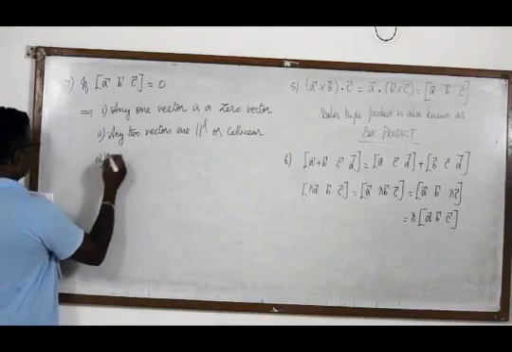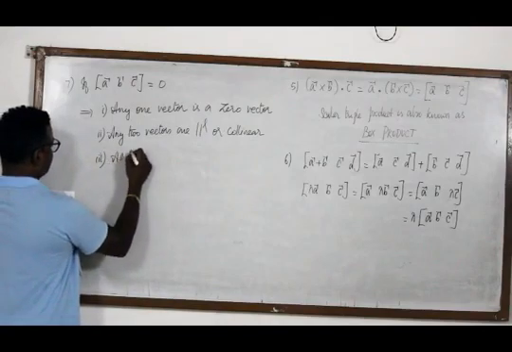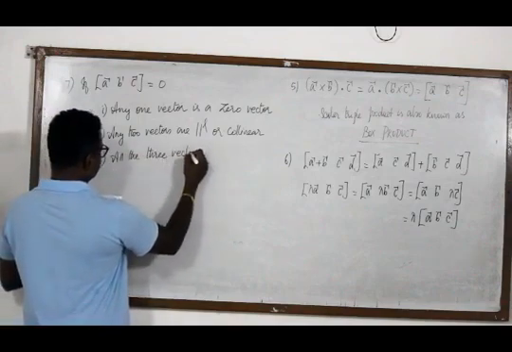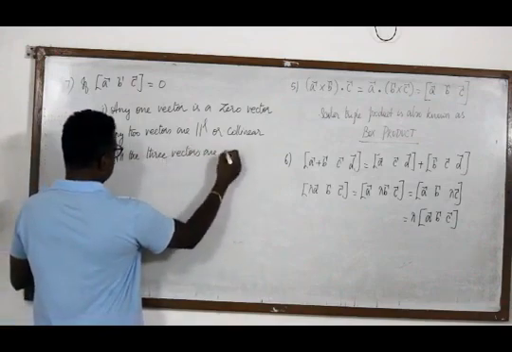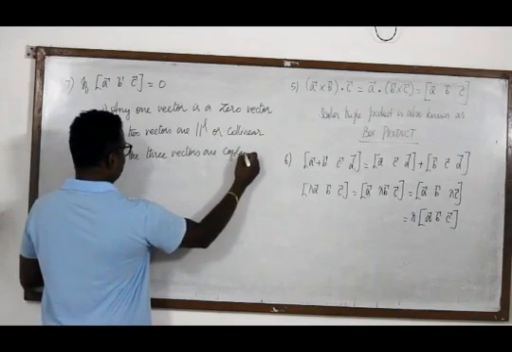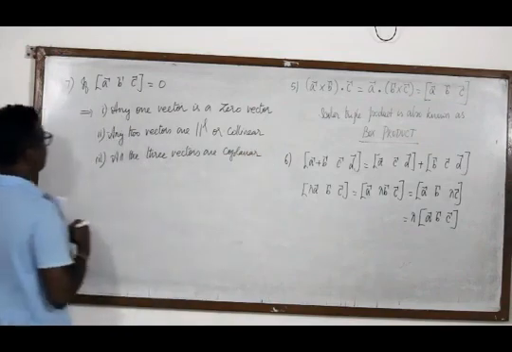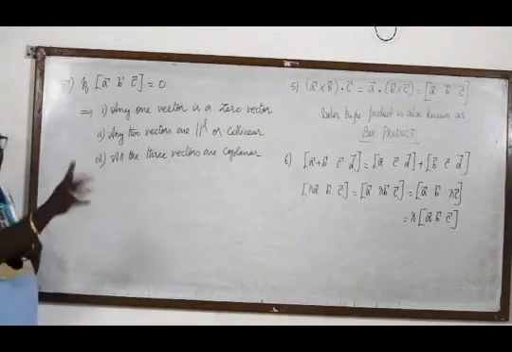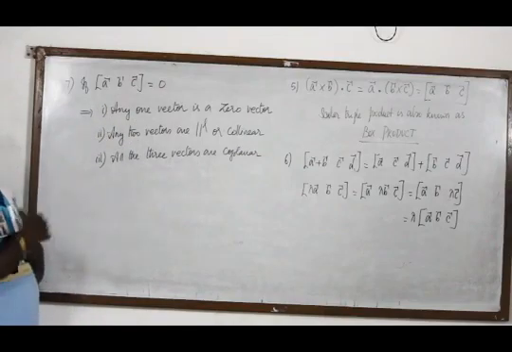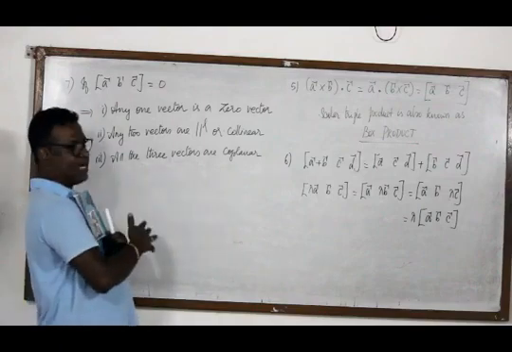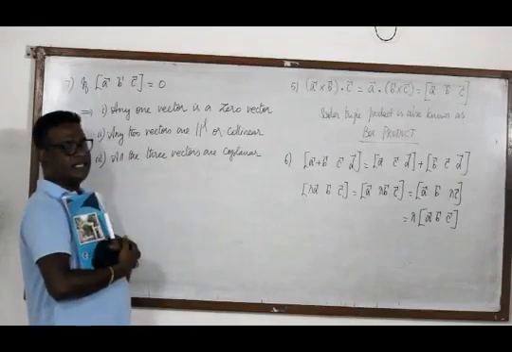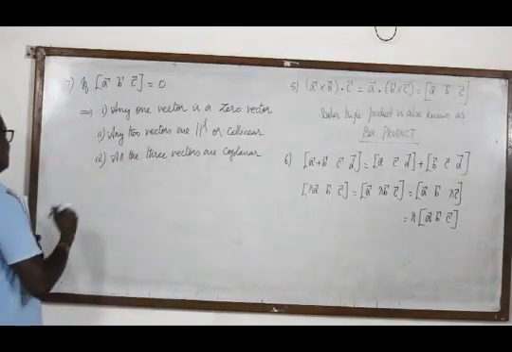Or if all the three vectors are coplanar. So the box product will vanish only if any one of the vectors is a 0 vector, or any two vectors are parallel or collinear, or if all three vectors are non-zero but coplanar, lying in the same plane, then the box product will become 0.